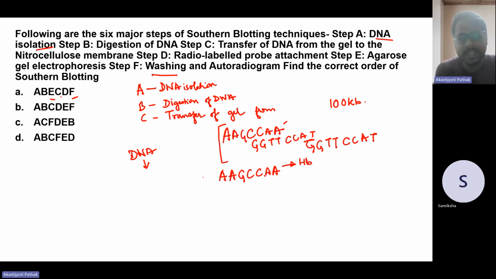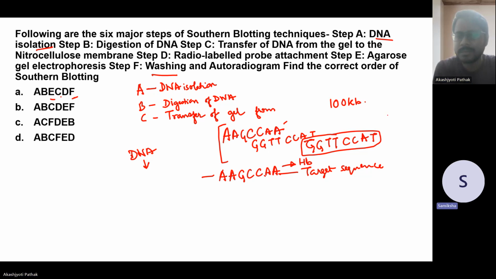This is your target DNA sequence, and this GGTTCCAT is the probe that you have used for identifying whether your DNA has this particular sequence of nucleotides.